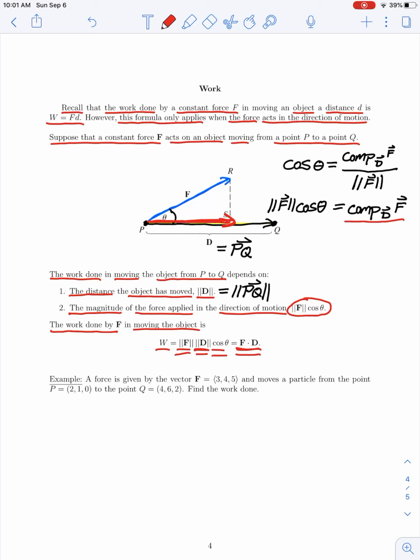So let's look at some examples of this. In this next example, we have a force given by the vector F, whose components are 3, 4, 5, and it's moving a particle from the point P to the point Q, and we want to find the work done. So we have already our force vector.